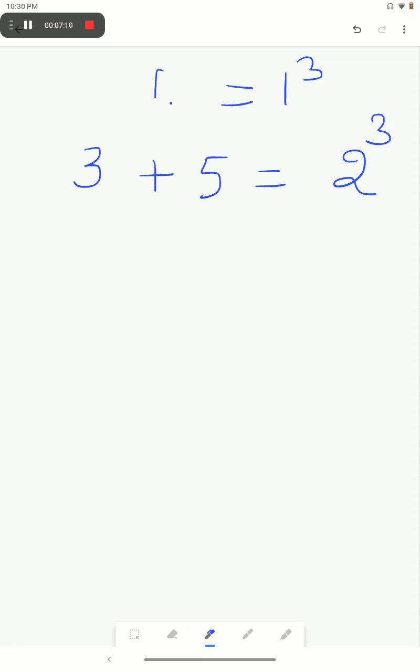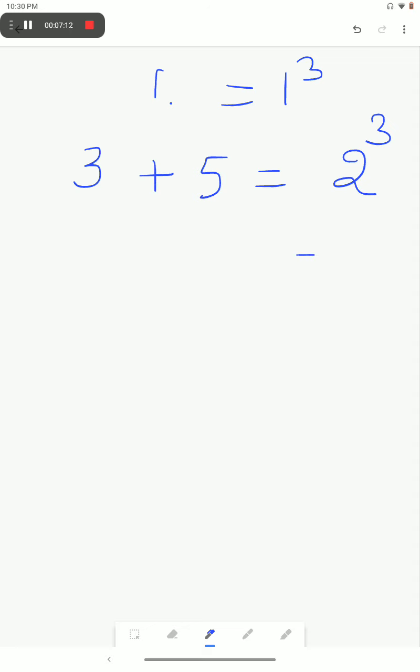Now, I will discuss some interesting patterns that we can get using the cube. When we add consecutive odd numbers, say 1, it will be equal to the cube of 1. The next odd numbers are 3 and 5. It will be equal to 2 cube when we add these.